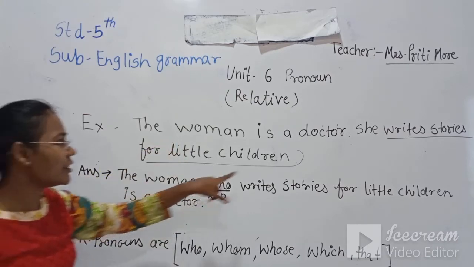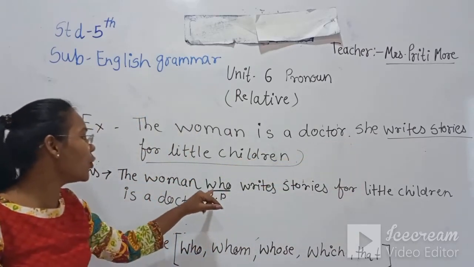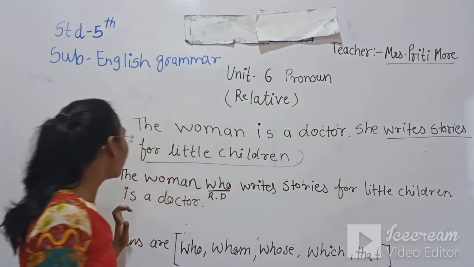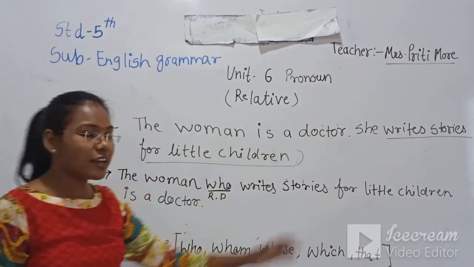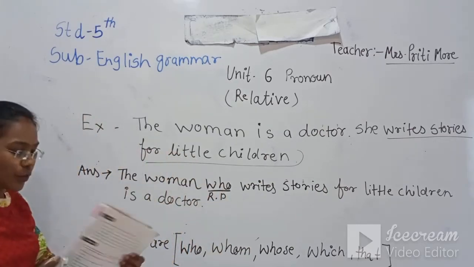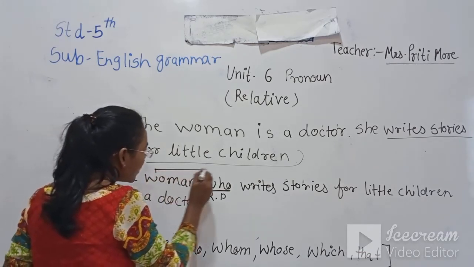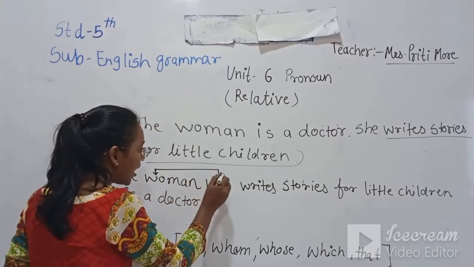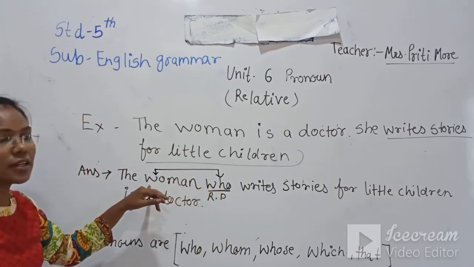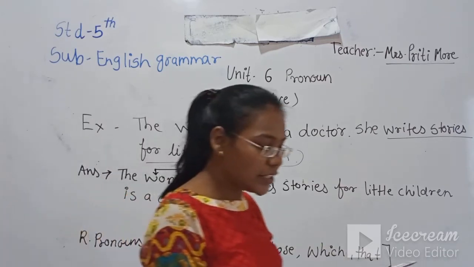First the woman we have taken, then the second sentence directly, and in the place of 'she', we have written 'who'. So which relative pronoun have we used here? Who. And here this woman and 'who', these both are one person. That means this 'who' we have used for the woman. Please note down these examples also in your notebook.